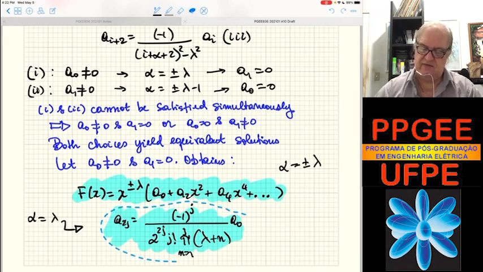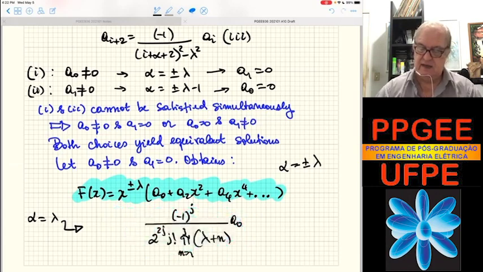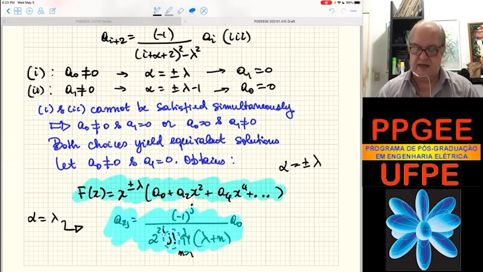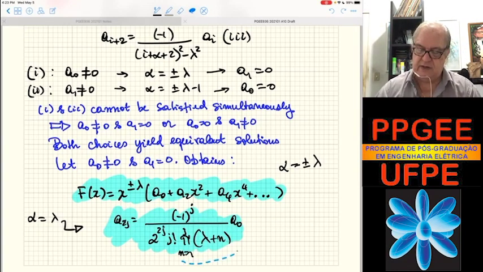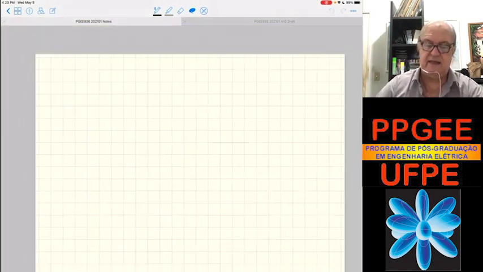relationship between the coefficient at index 2j and the initial coefficient a0. We're going to have some factors here: minus 1 to the j, factorial of j, 2 raised to j, and this productory here, we're going to have that one, right? So what is that? The productory is something like this.